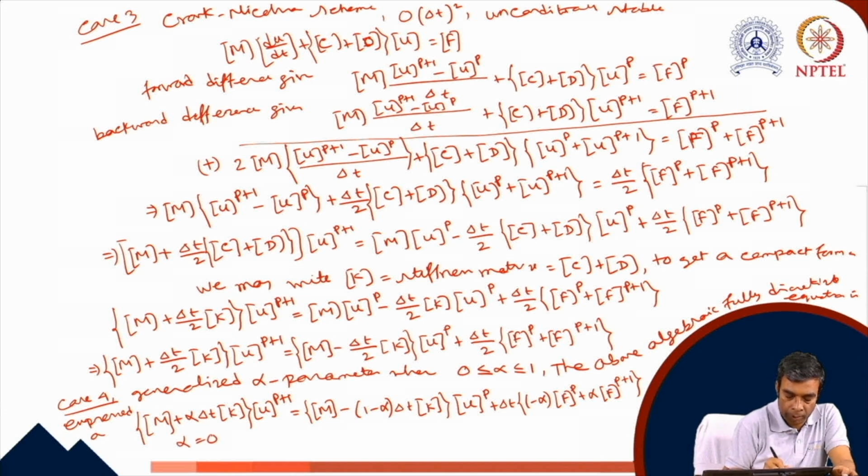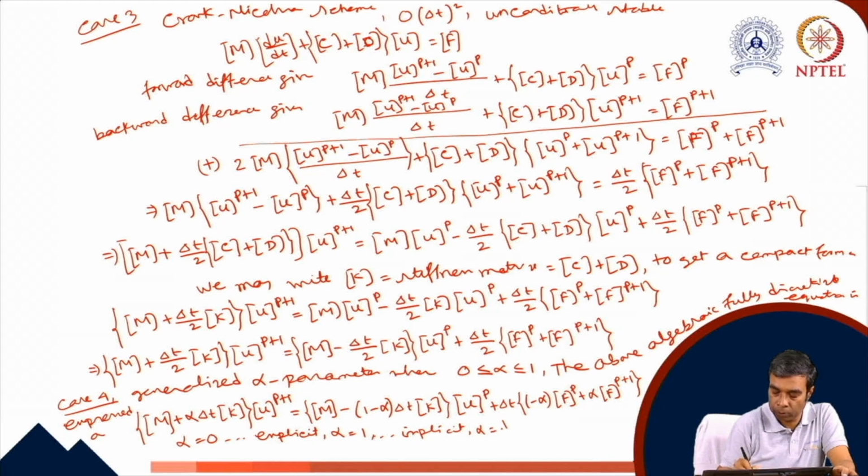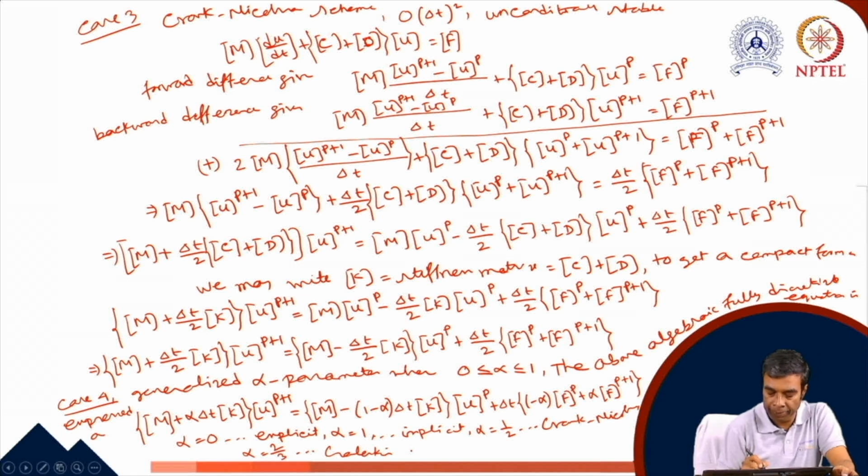Alpha equals 0 is the explicit scheme. Alpha equals 1 is the implicit scheme. Alpha equals half is the Crank-Nicolson time integration. And alpha equals 2/3 is the Galerkin time integration.